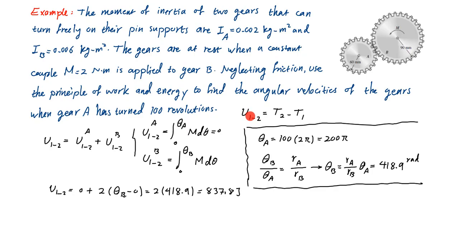For the right side of the equation, you have to look at the kinetic energies, right? Let me go to the next page. I'm going to split it into two components for gear A and gear B. T2 is equal to T2 for gear A plus T2 for gear B. T1 is also 0, keep in mind that the motion starts from rest.